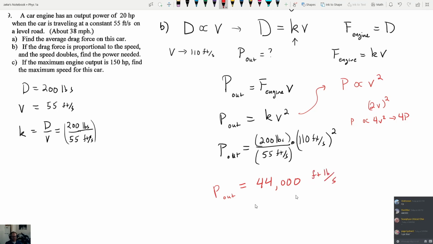And if we want to convert that to horsepower, then we basically just need to multiply this by the ratio of 550 foot-pounds is 1 horsepower. And so we get power out is equal to 44 is 4 times 11. This is 5 times 11. You get 800. I think you're supposed to get 80, though.